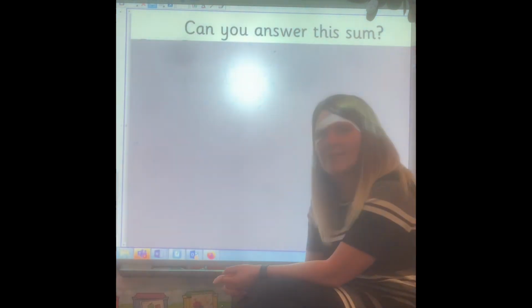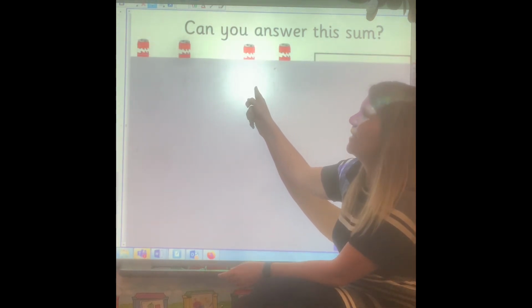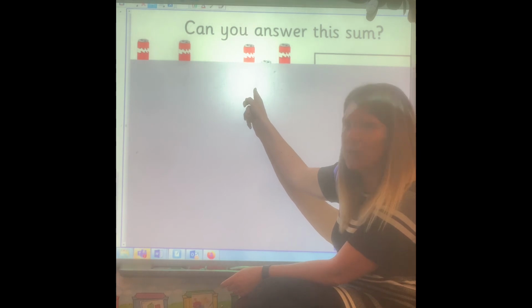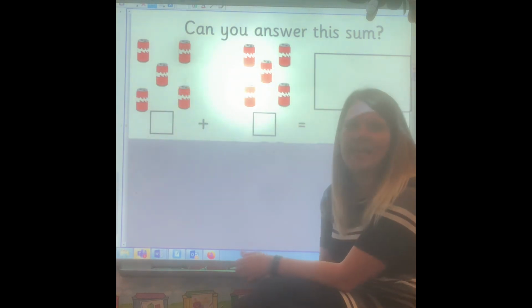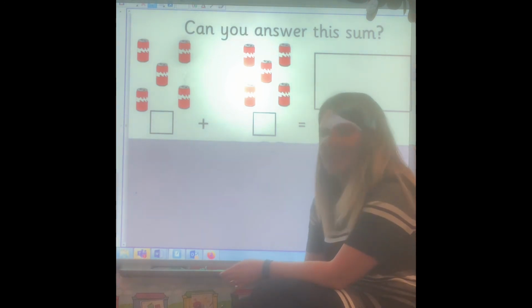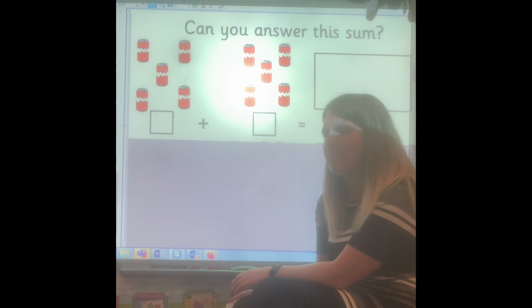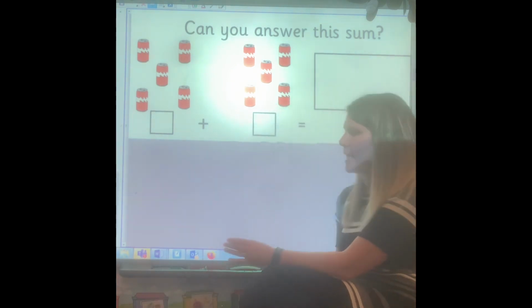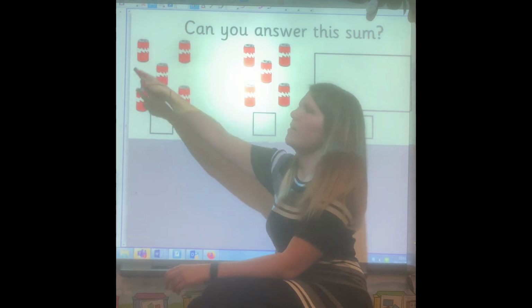Okay, we have a look at your worksheet for today. Today it's using, remember what that 3D shape's called? A can of juice is the same shape as a cylinder. So we're using cans of juice today, some cylinders, to help us to make the number sentences that all make 10. So let's have a count and see. How many cans are here?